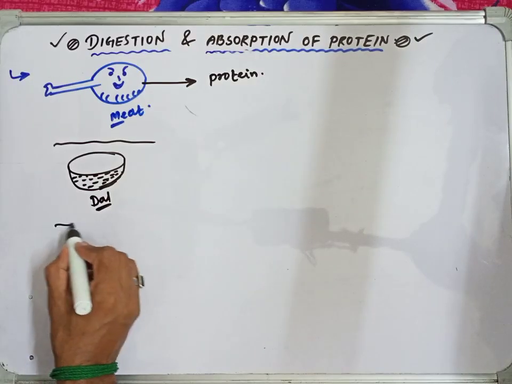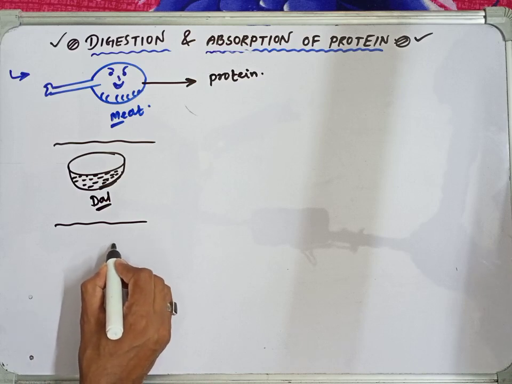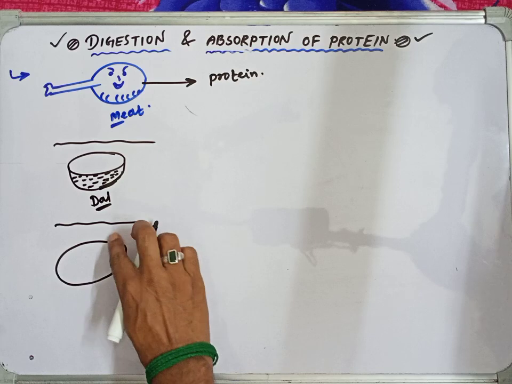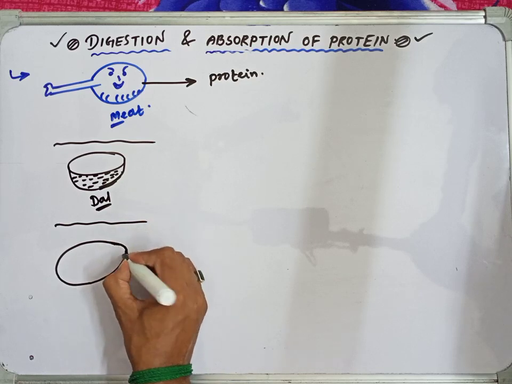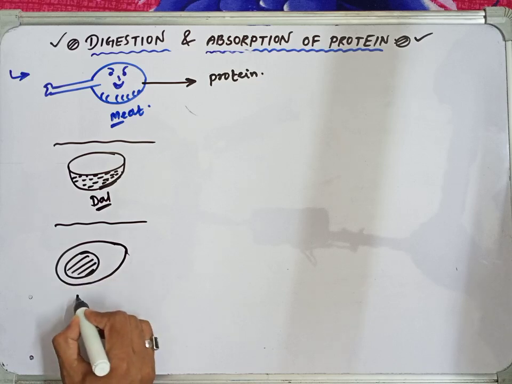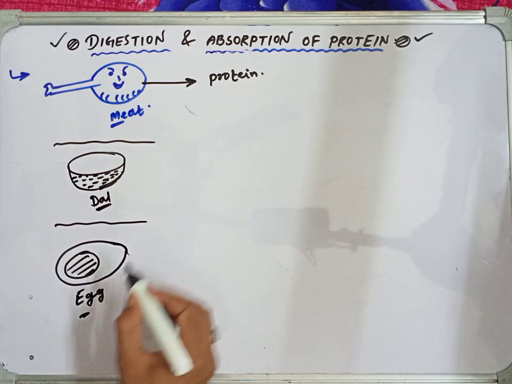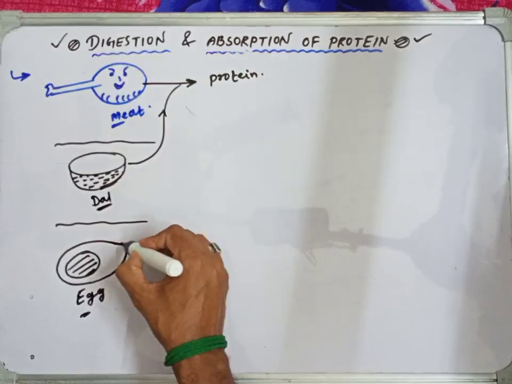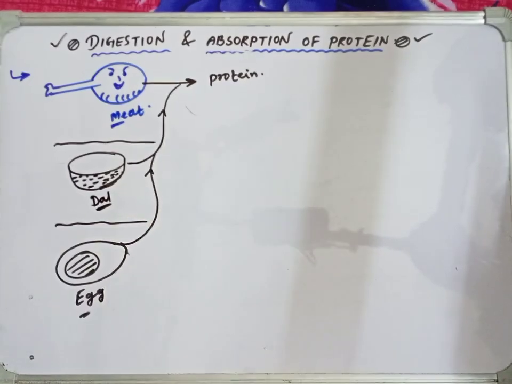Another source of protein is the egg, right? That is the egg. And all this food is really rich in protein.